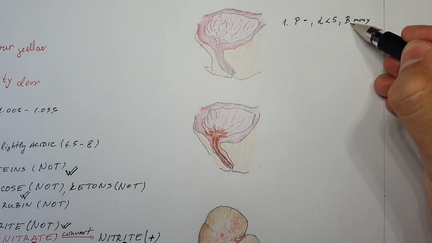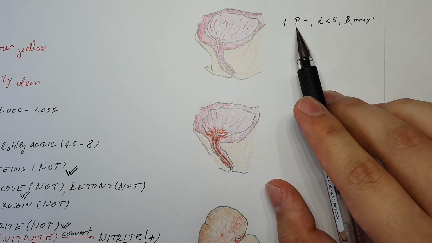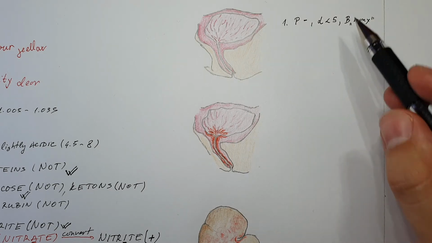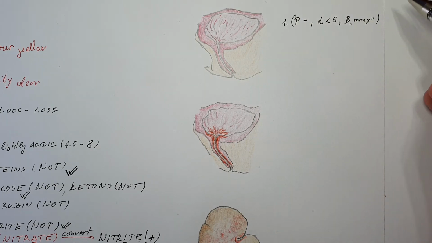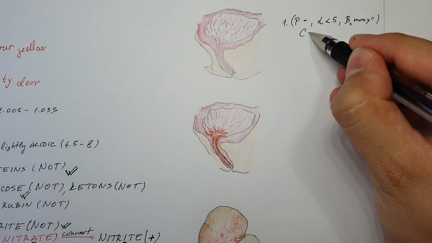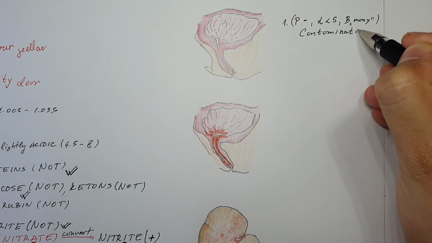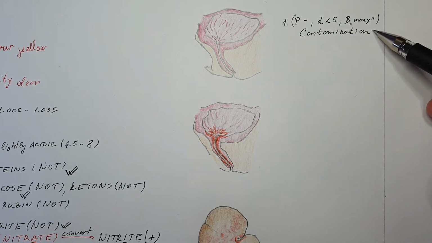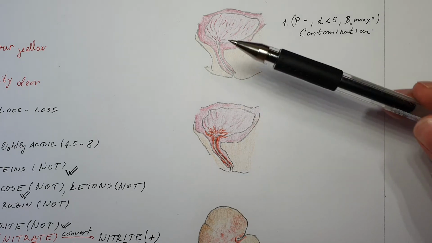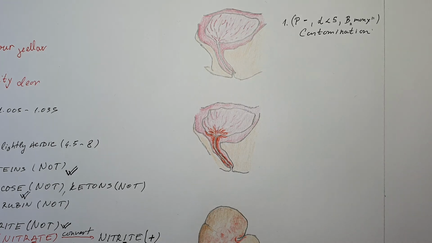If they say there are many bacteria, but we have negative proteins and no leukocytes, this basically means that the patient managed to contaminate his urine. So this is basically only a contamination and does not need therapy. So the urine wasn't taken correctly. So the patient does not have an infection.